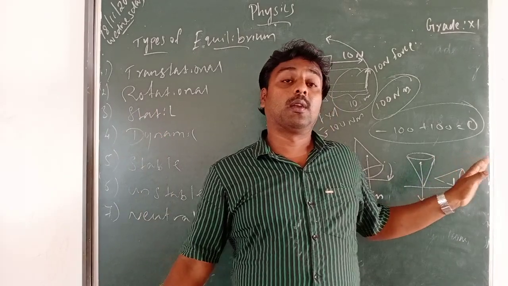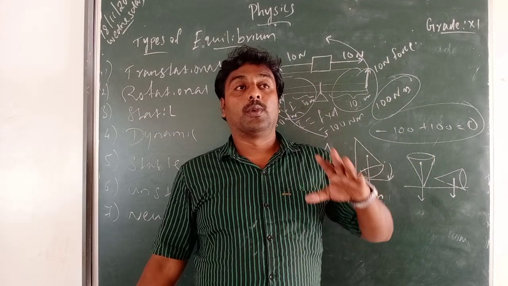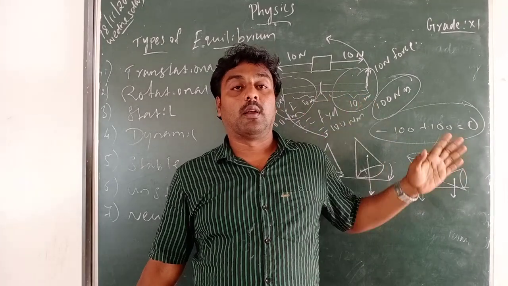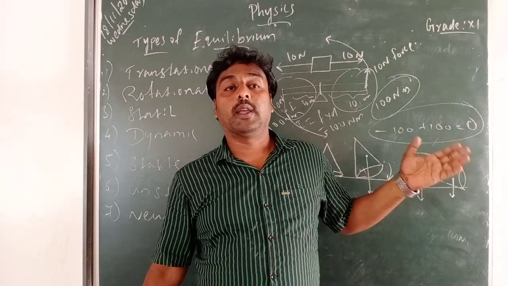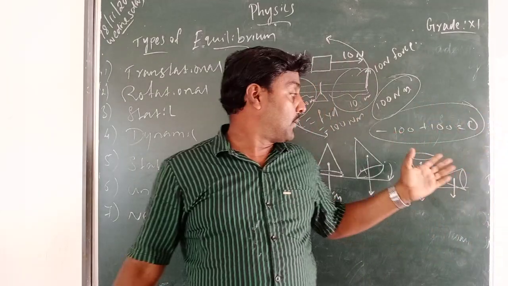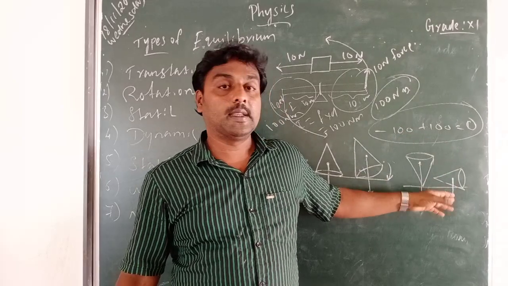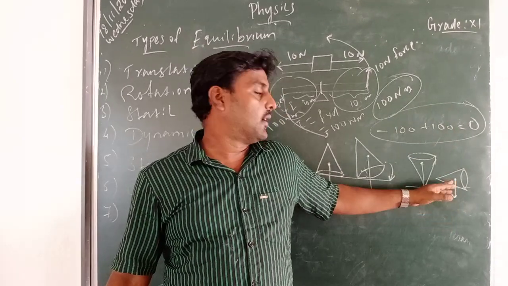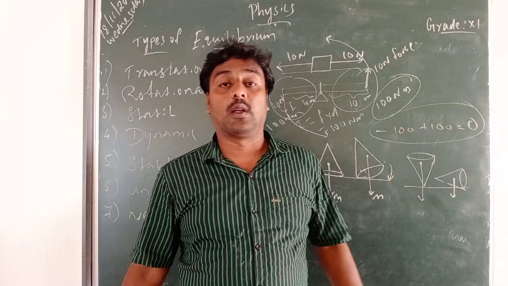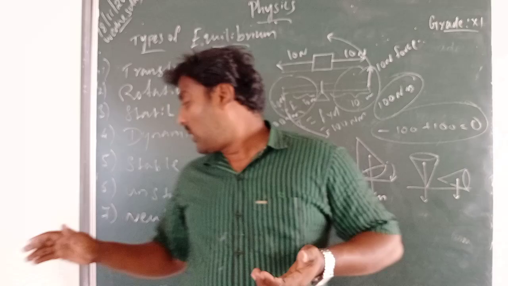In unstable equilibrium, linear momentum and angular momentum are 0. If you slightly disturb, it will not come back to its original position. Potential energy decreases and the center of mass goes to a minimum.